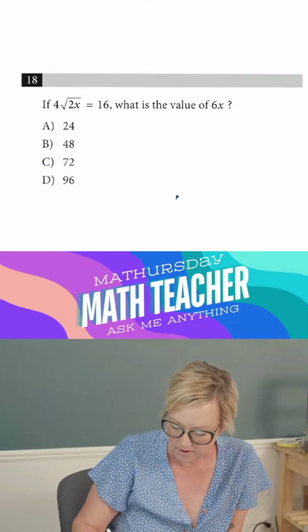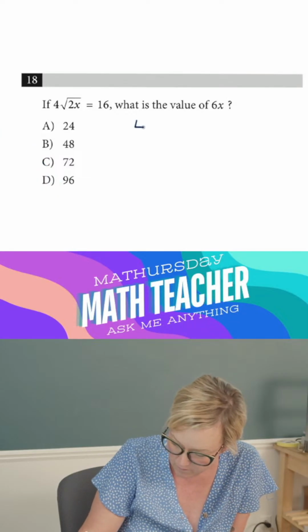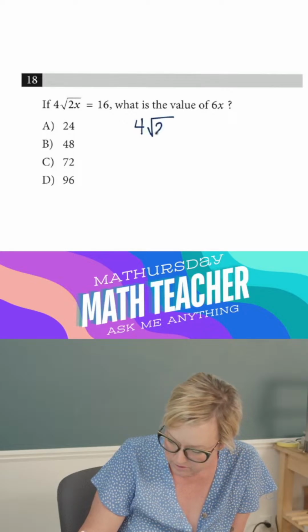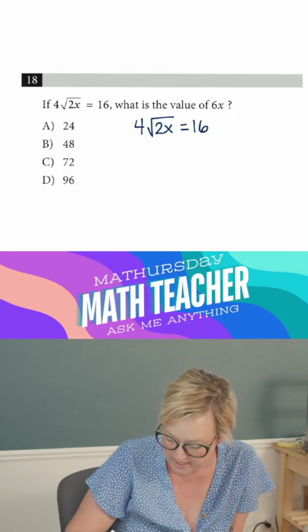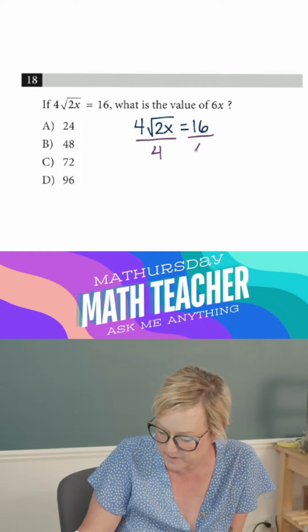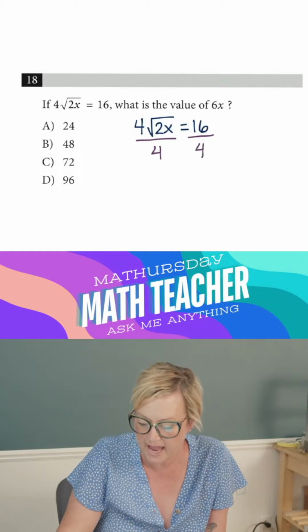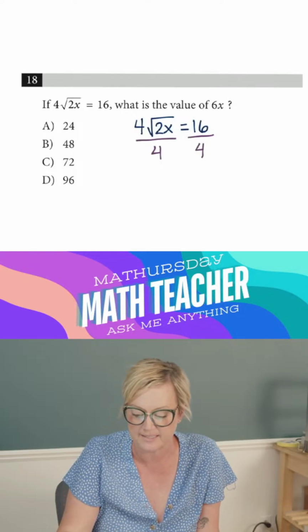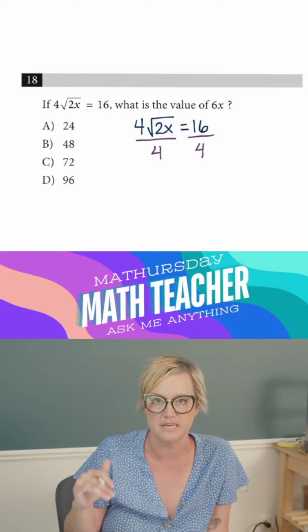There we go. Okay. Now I'm going to write this out. So I've got 4 root 2x equals 16. So what I'm going to do first is divide both sides by 4. The reason I'm doing that is because I want to unpack and get that x out, because I know I can figure out 2x. I want to solve this for x and then plug it into 6x.